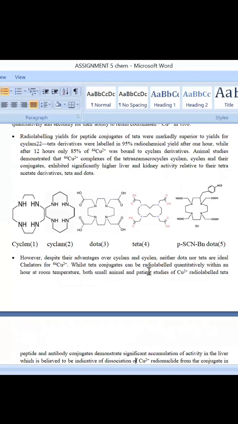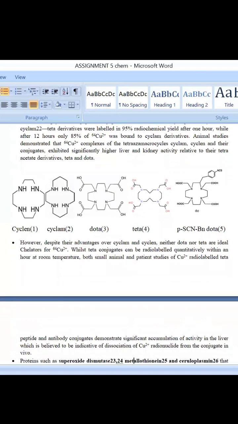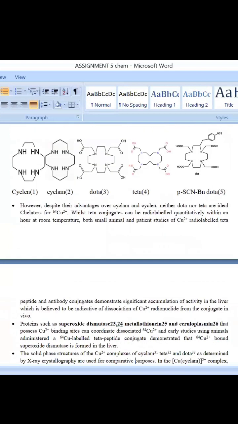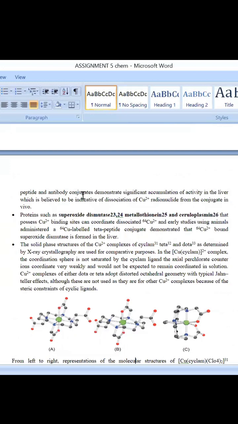While TETA conjugates can be radiolabeled quantitatively within an hour at room temperature, both small animal and patient studies of Cu-64 2+ radiolabeled TETA peptide and antibody conjugates demonstrate significant accumulation of activity in the liver, which is believed to be indicative of dissociation of Cu-64 2+ radionuclides from the conjugate in vivo.